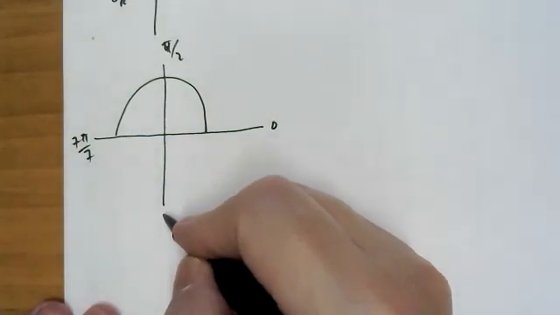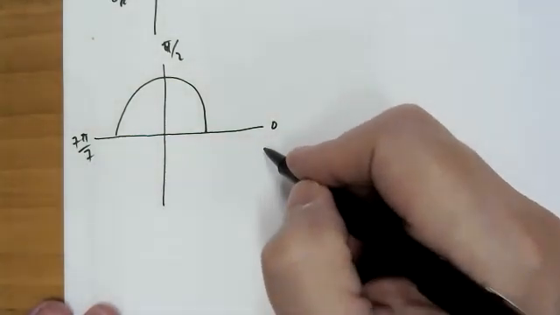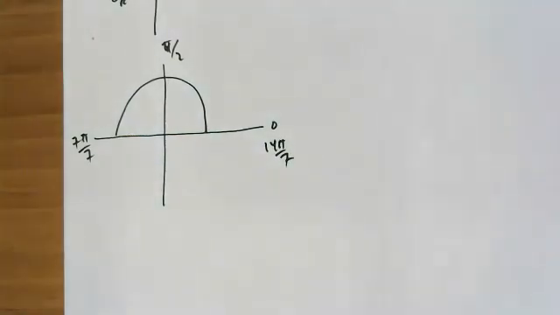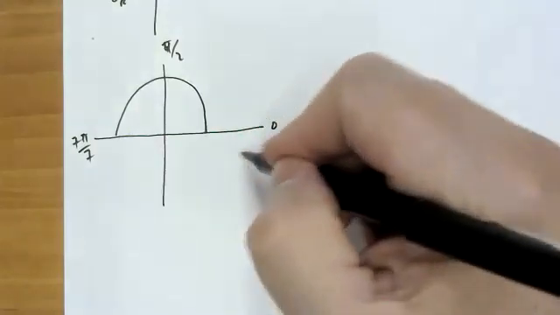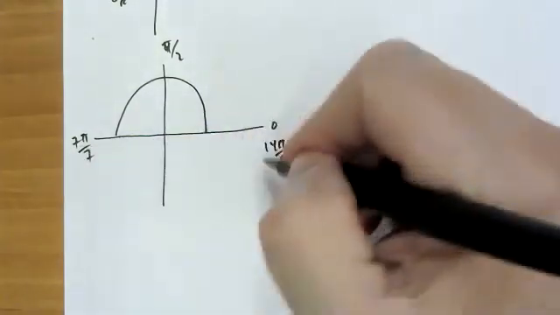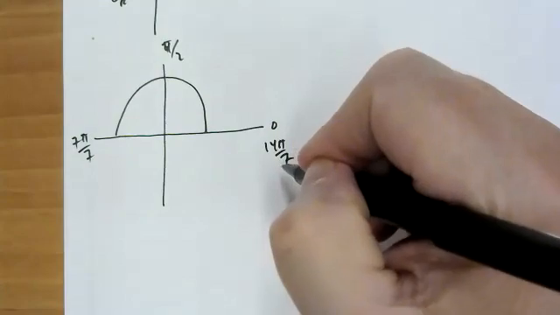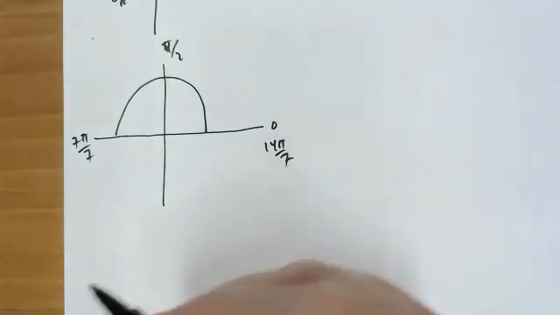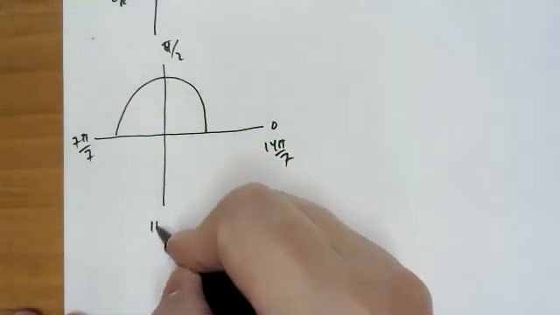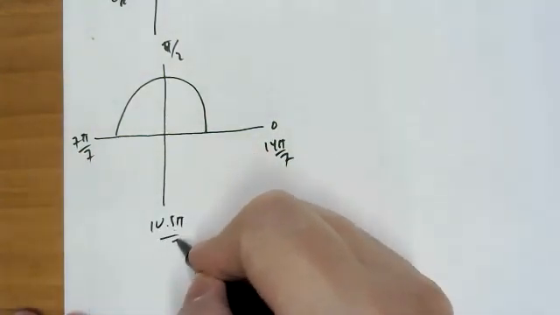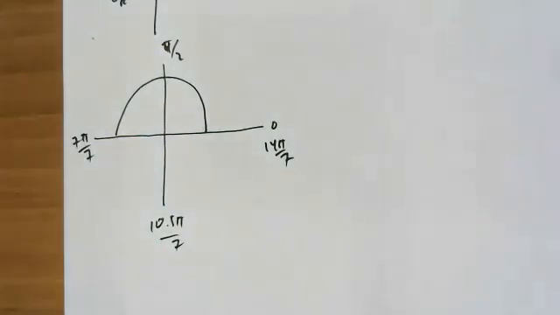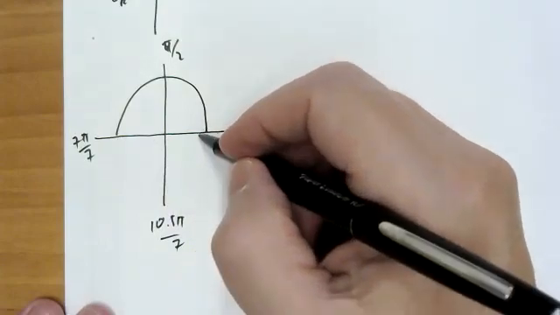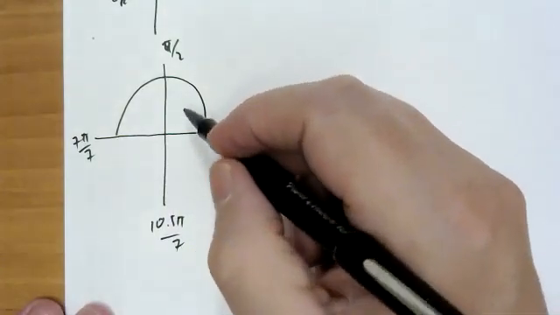This is 2 pi, or 14 pi over 7. Halfway is 7. So from here to here is 7 pi. Half of that is 3.5. So if I add that here, this is like 10.5 pi over 7. If we can see that, right? Because from here to here is 7 pi over 7.